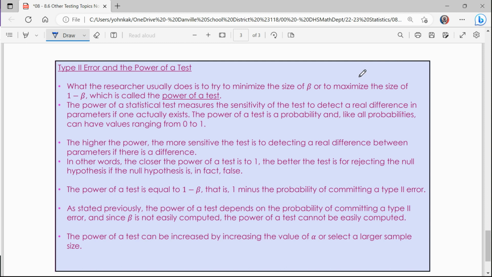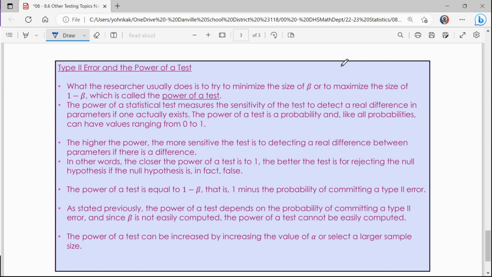What the researcher usually does is try to minimize the size of beta or maximize the size of 1 minus beta, which is called the power of a test. The power of a statistical test measures the sensitivity of the test to detect a real difference in parameters if one actually exists. Now, the power of a test is a probability, and like all probabilities, ranges between 0 and 1.